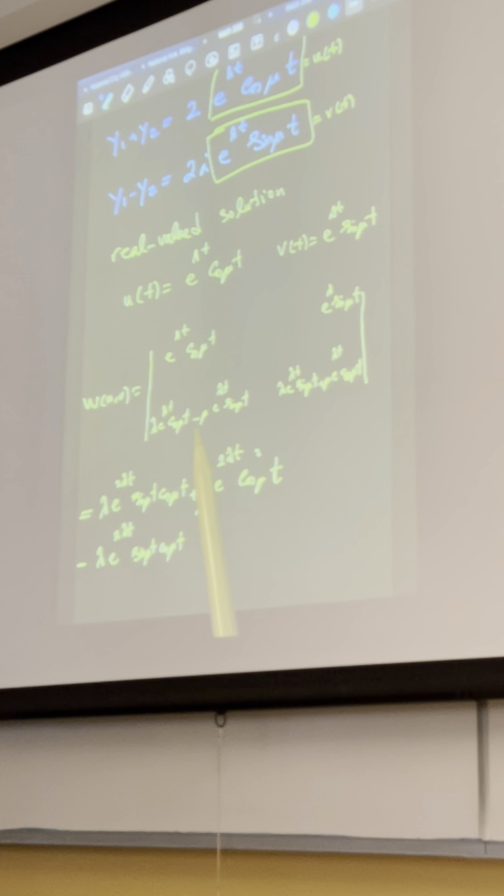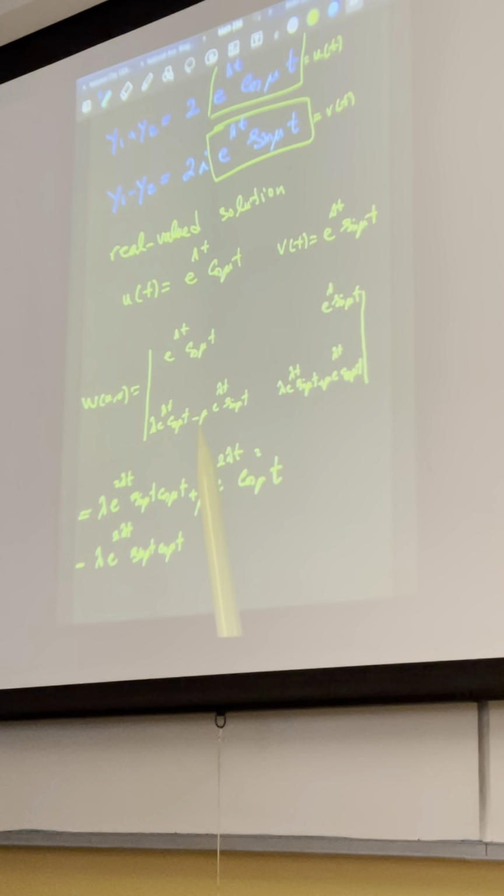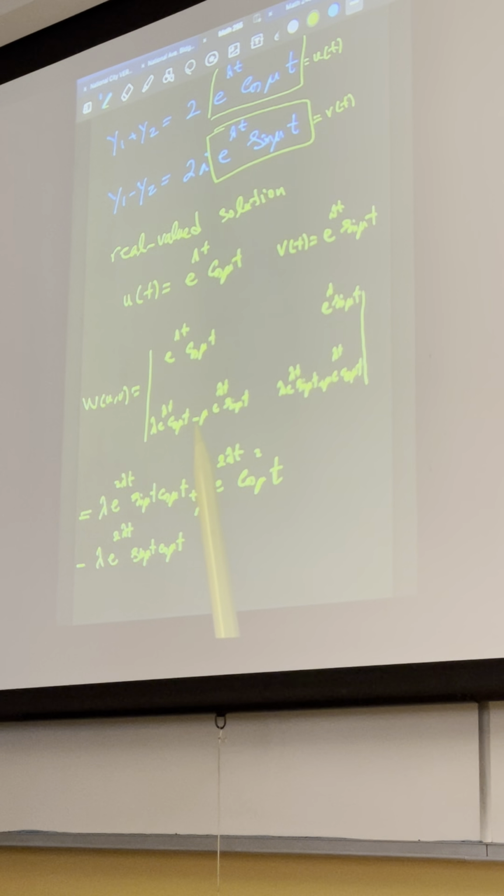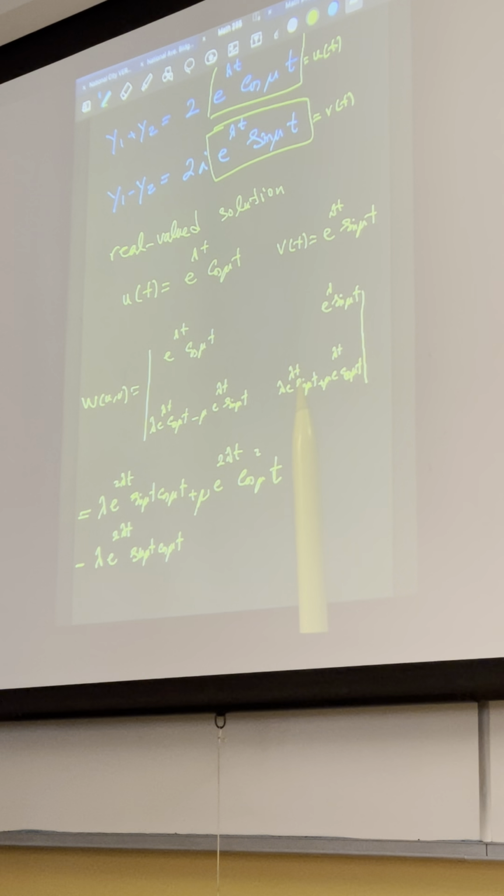You subtract, and then in brackets are those two. This times that, this times this is first, so cosine sine plus, and then minus.